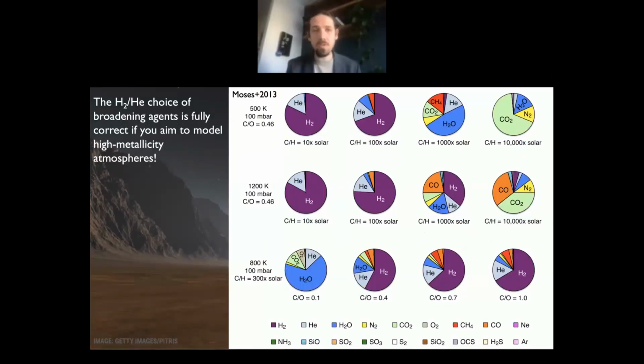The other issue is with the broadening agent. Most of the broadening data, like opacity available, are specialized, and they were calculated for hydrogen and helium dominant atmospheres. But when you look at the diversity, it tells you a different story.